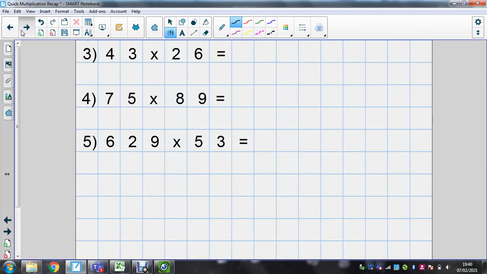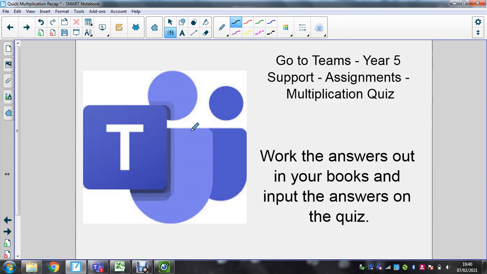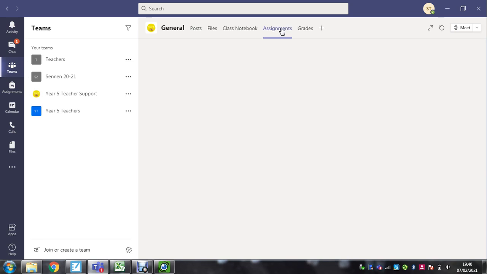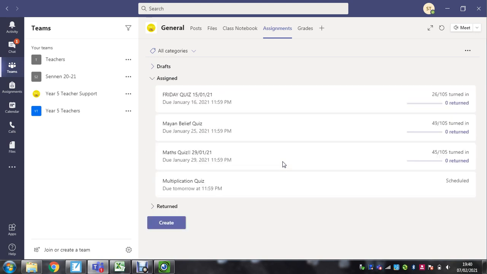So what I would like you to do now is, we did all that on the book, I would like you to go into Teams, Year 5 support, assignments, and choose the multiplication grid. So I'll just show you that now. So go into your Teams, click on Year 5 teacher support, up the top assignments, and then you should have, when it comes up, being a bit slow, you should have on your list multiplication quiz.